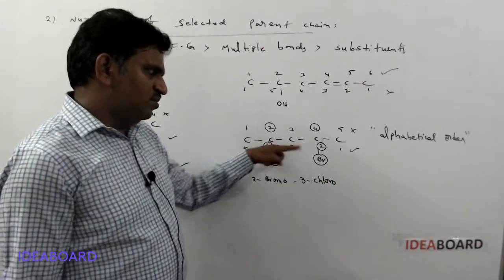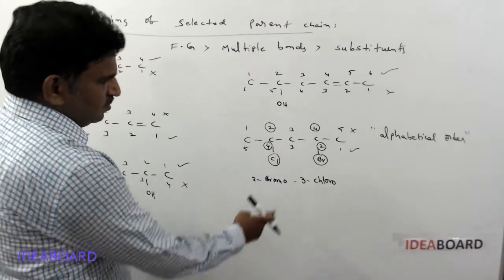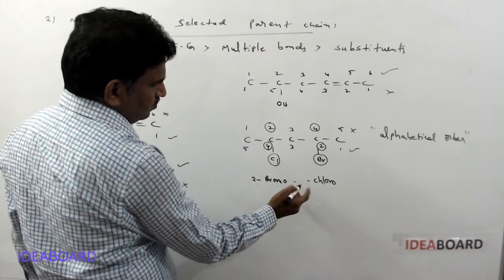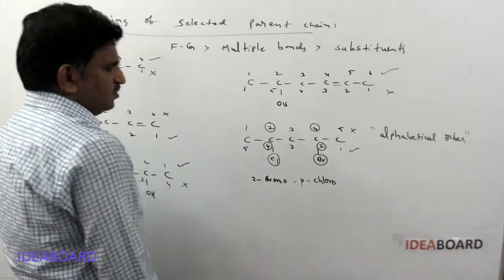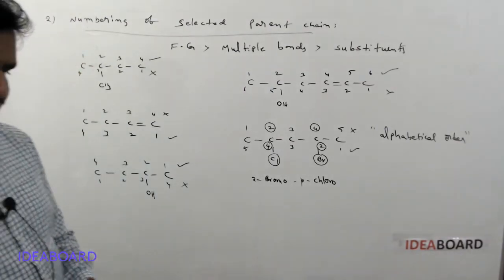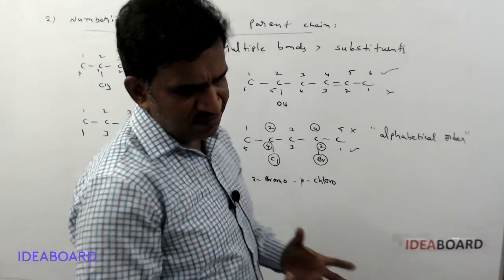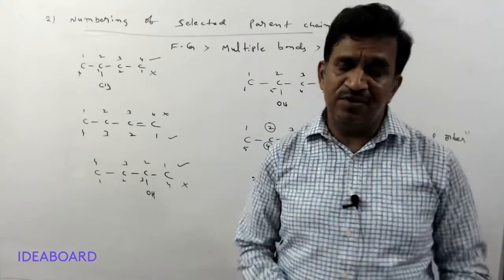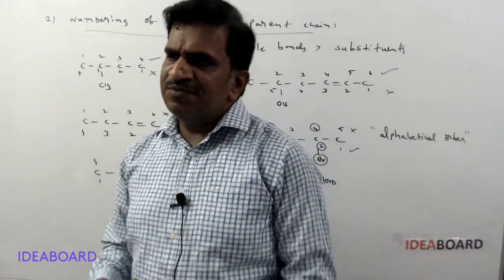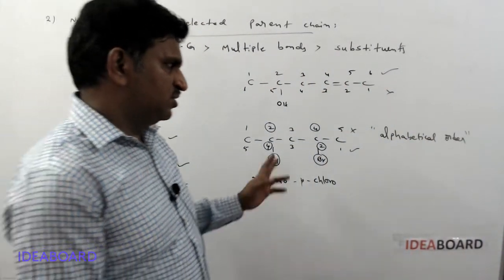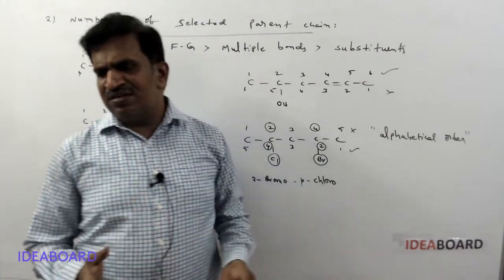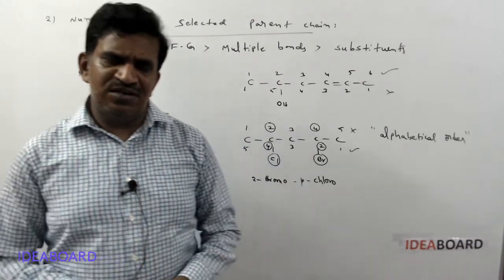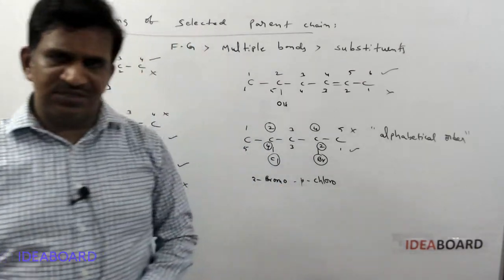Not like 2-chloro, 4-bromo. So when you have the same type of substituents, same type of alkyl groups or same type of halogens, at the same position from opposite ends, then simply go for the alphabetical order. Don't consider their numbers.